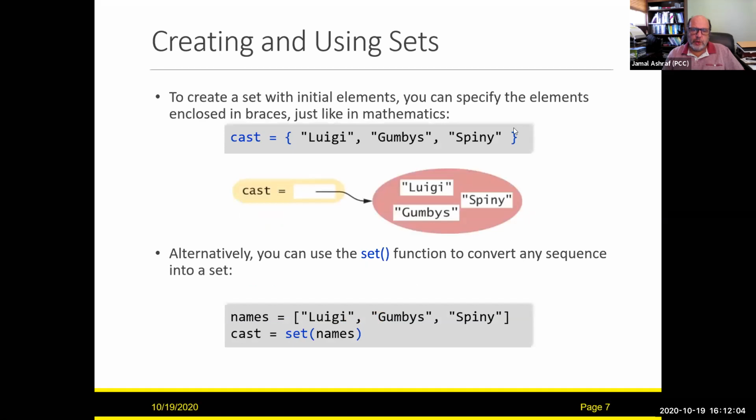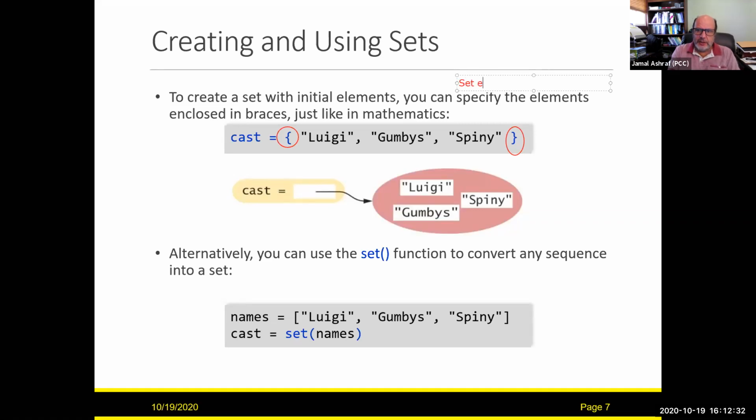So how do we create a set? Remember, the way we did the list was with square brackets. For a set, we will use curly brackets. That's the way we're going to create a set. And the thing about sets is they are not in any order.